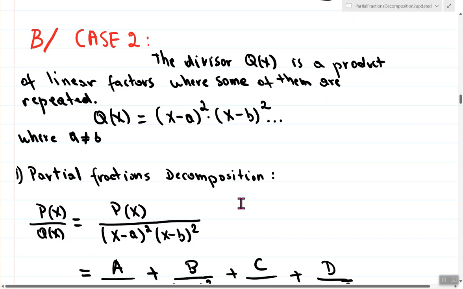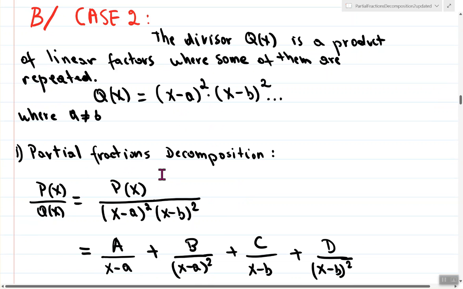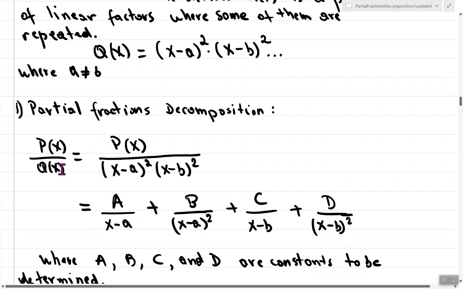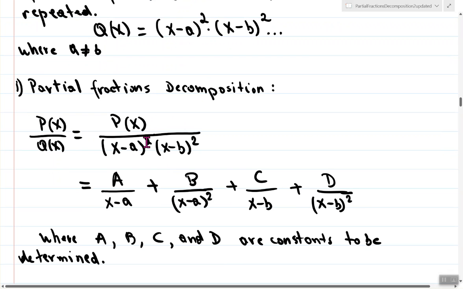Now, when you're dealing with case 2, first, let's discuss the partial fraction decomposition. We have p of x over q of x, where q of x is given as quantity x minus a squared times quantity x minus b squared. To do the partial fraction of this, we do the same thing as in case 1, only here we start with A over x minus a. First we start with x minus a, and then we move to quantity x minus a squared, because the power is 2, then we move to the next factor.